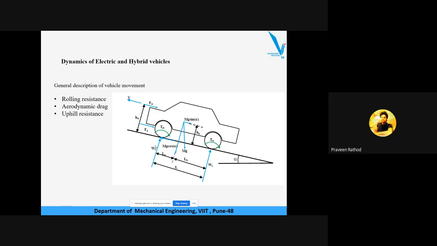Can anyone let me know what is the function of tractive force?